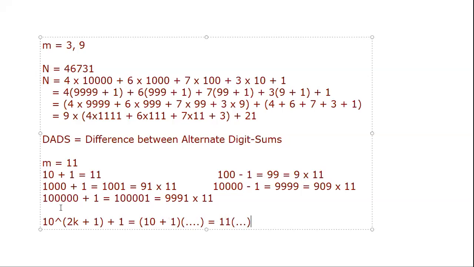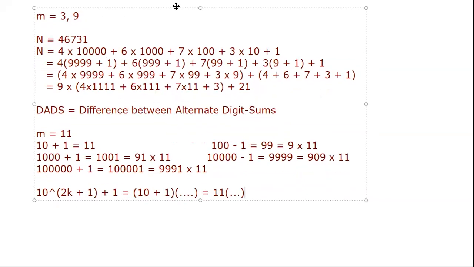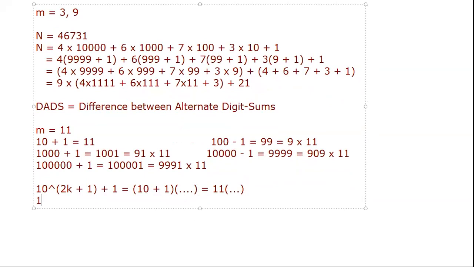Whereas if you have 10 raised to 2k, then you can think of this as 10 squared raised to k, minus 1.